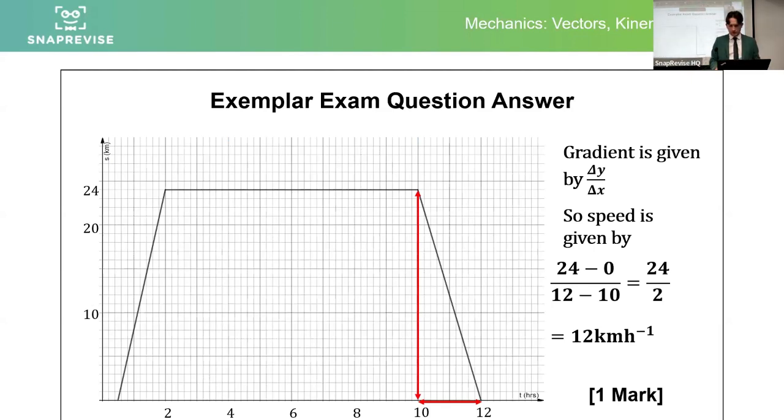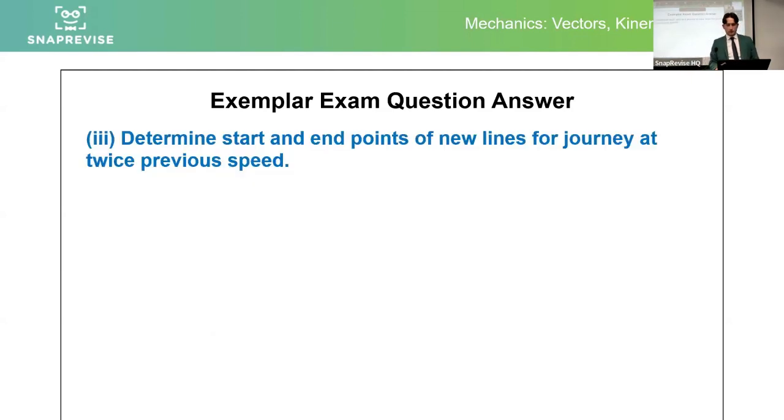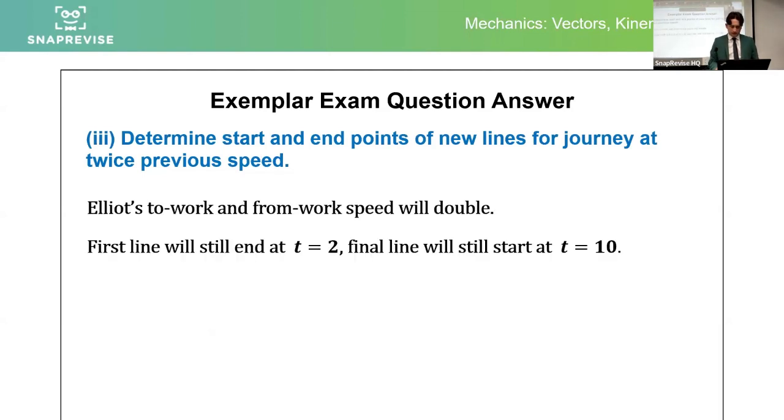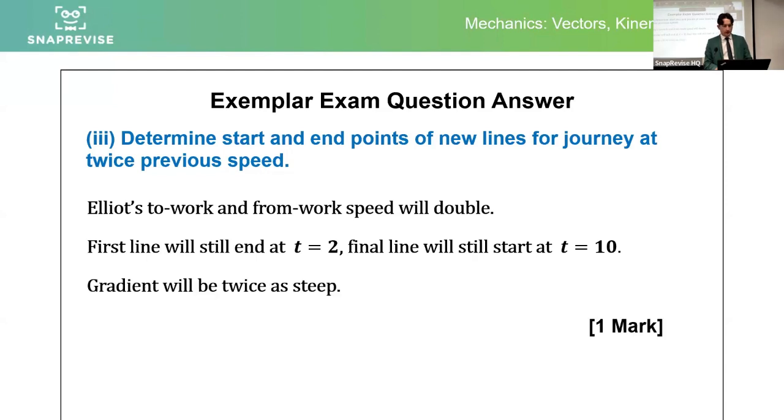Now, this is the bit about the new bike. What we want to do is look at what we already have and double the speeds. So we'll look at t equals 2 and t equals 10, and the gradient will be twice as steep. That's what we know, because it's quicker.